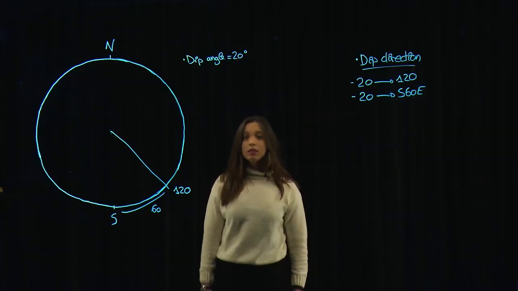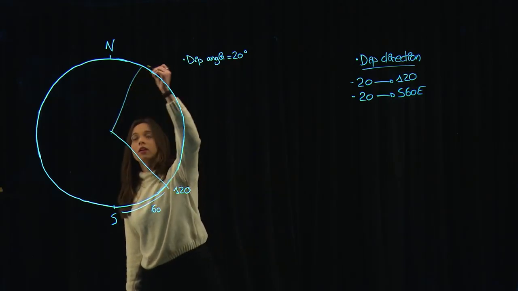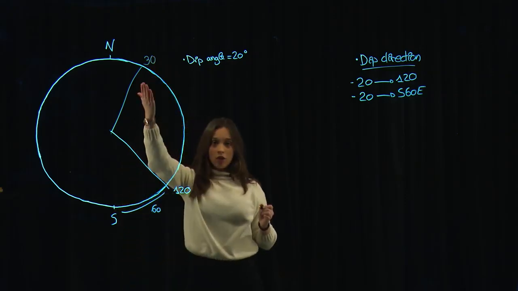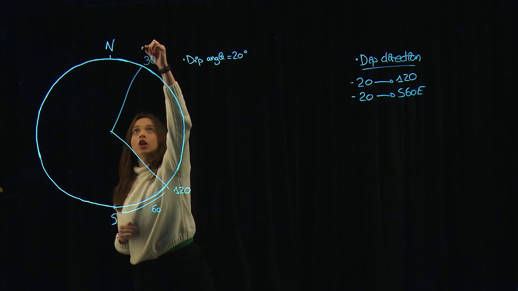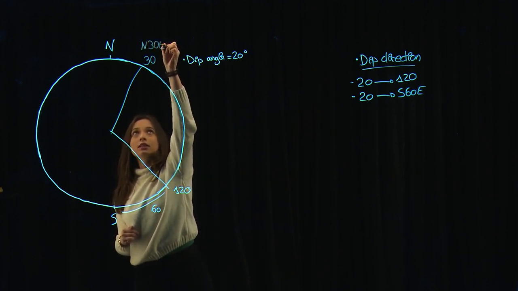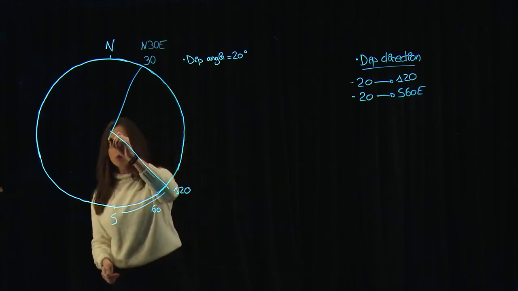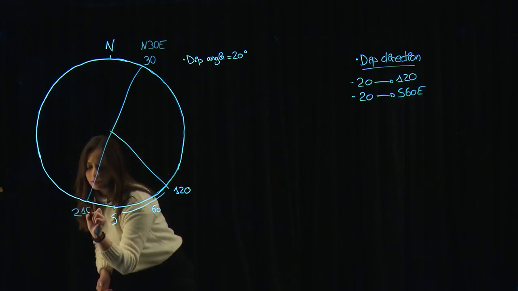On our compass, this will look like here, 30. And as this is also directional data, we can write it down like north 30 east. On the opposite sense, it will be 210.